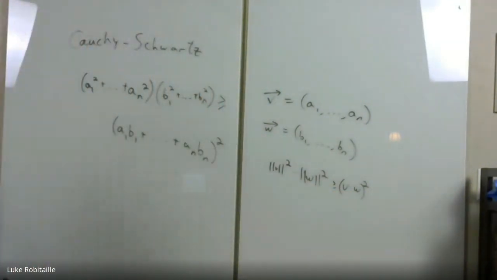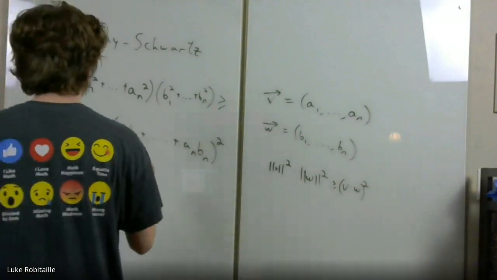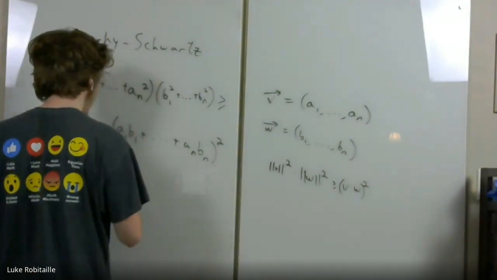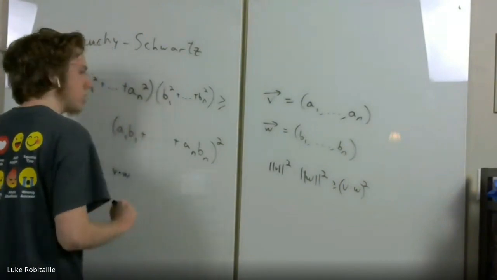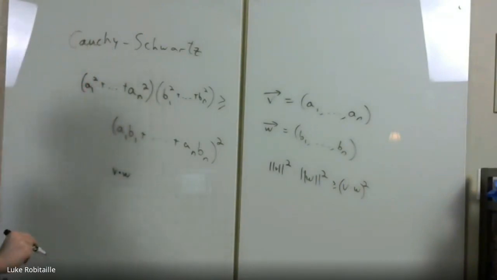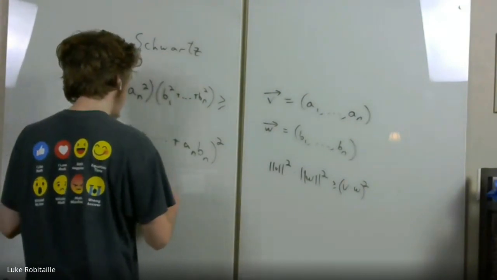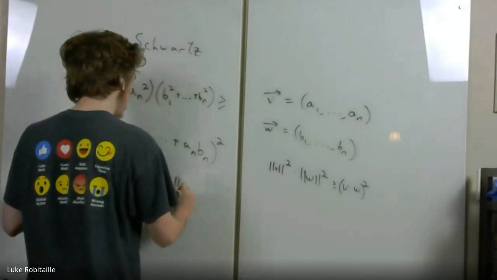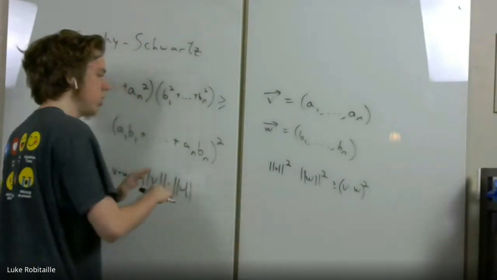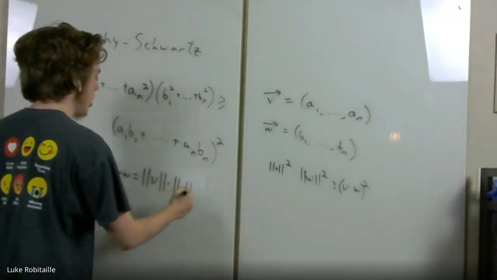And now you may know that in our regular 2-dimensional world, the dot product of 2 vectors is the product of their magnitudes times the cosine of the angle they make.